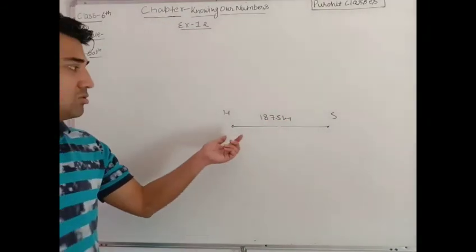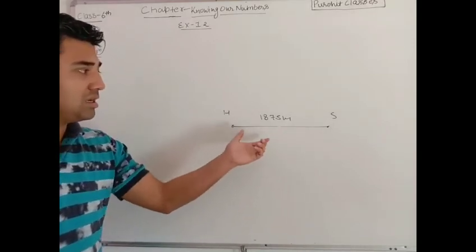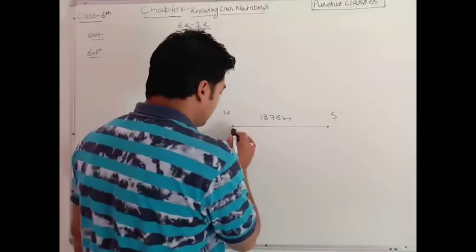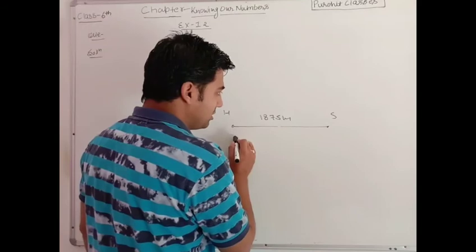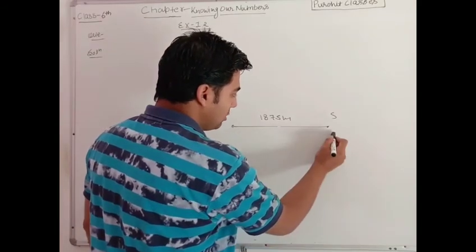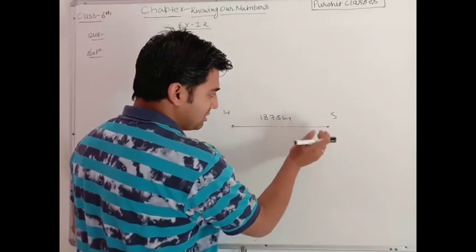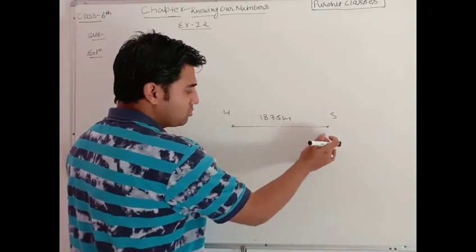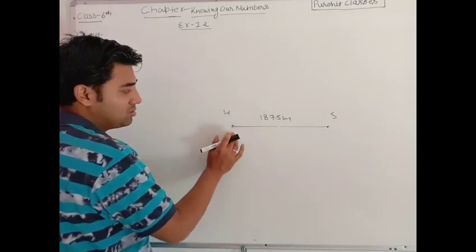You do not need to make this kind of figure. I am just drawing it to make you understand. You will solve yourself. Now next question is, every day she walks both ways. Every day she walks both ways means she started from her home and reaches school, and she covers 1875 meters, and when she gets back, both ways means if she is going to school, she will come back to her home.